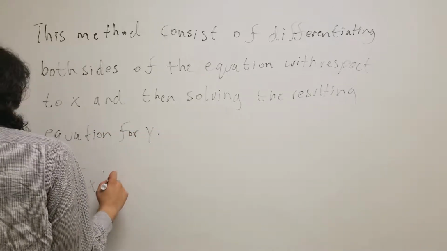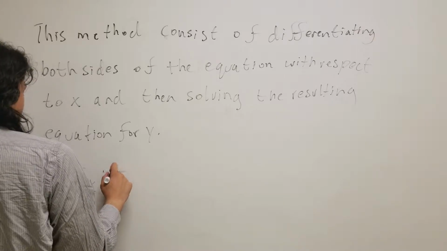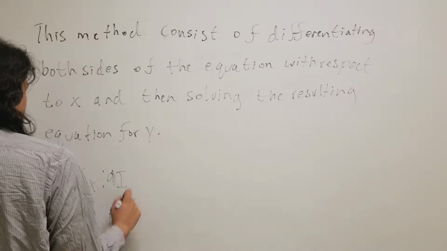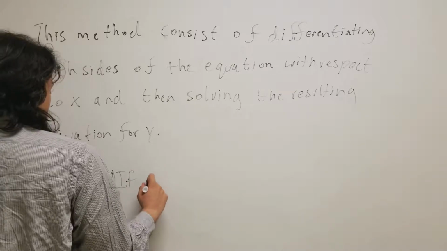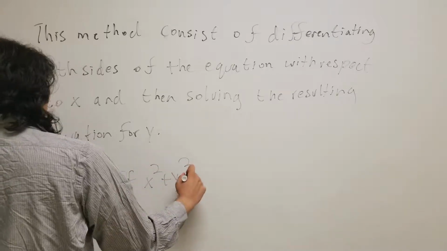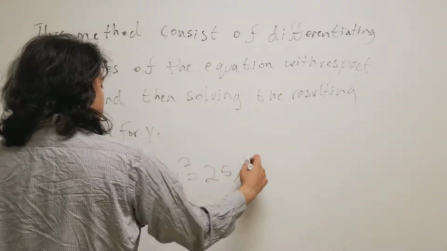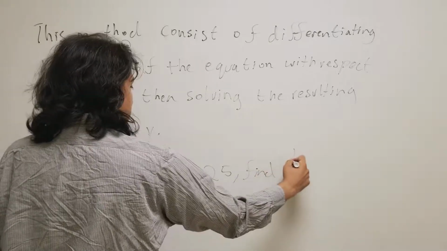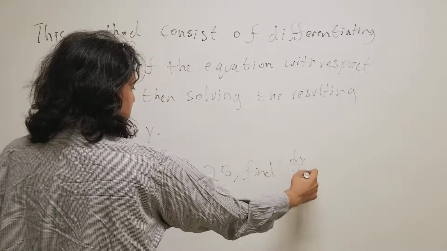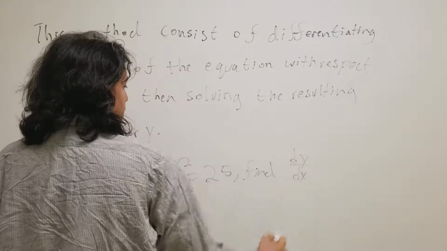Our question is going to be a two-parter, question A and question B. If x squared plus y squared equals 25, find dy/dx.